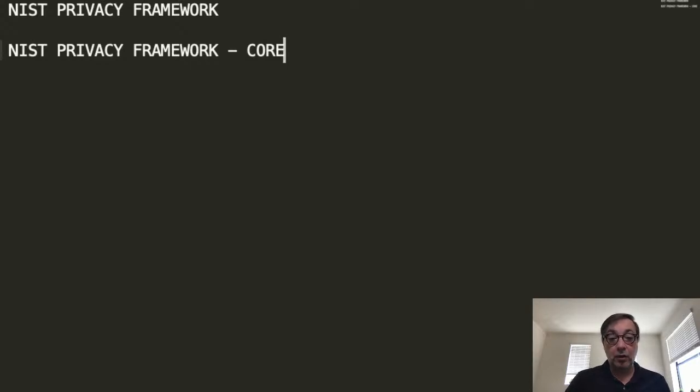Second, in the core, you might also note that there is shading on the right. If you download it, there will be some items with shading to the right of any given function, category, or subcategory. Also, there are strips of shading that indicate whether the content is identical to, or has been adapted from, language that exists in the Cybersecurity Framework.